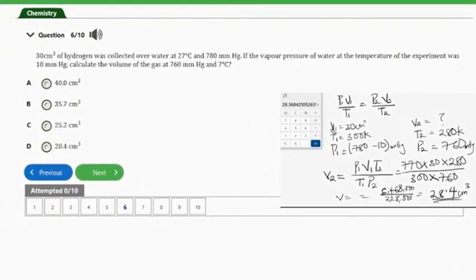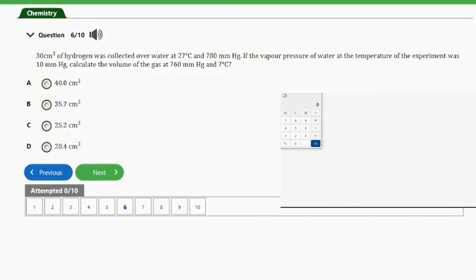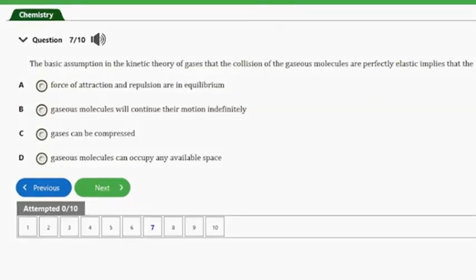So guys, that's the answer to this question, and that's option D. So go ahead and wipe this, and then let's consider the next question. That's question number 7.